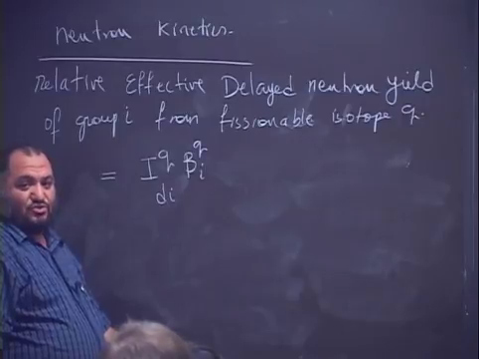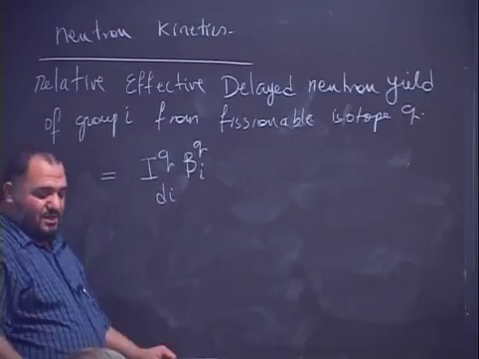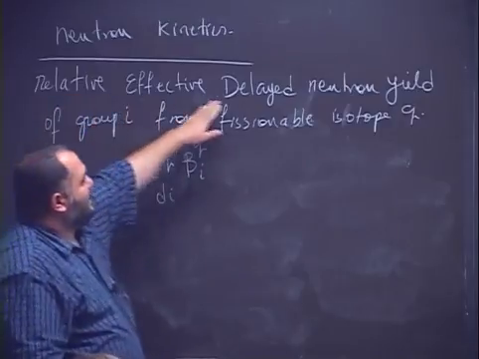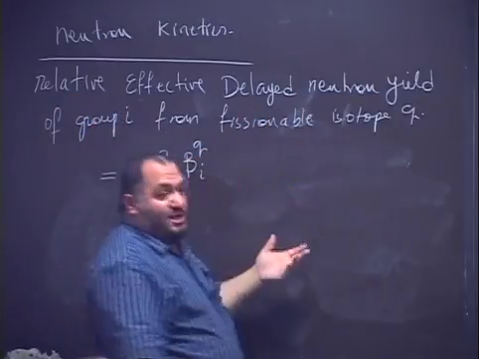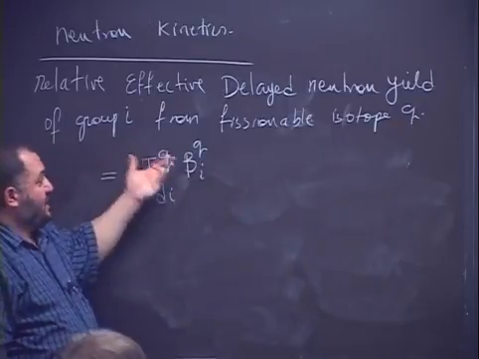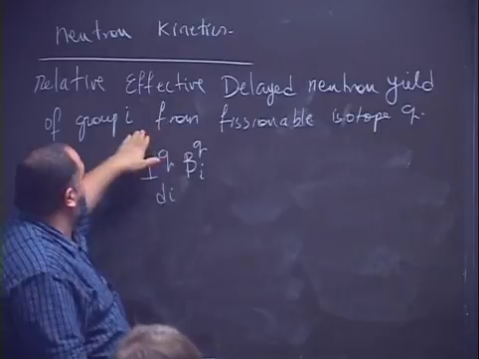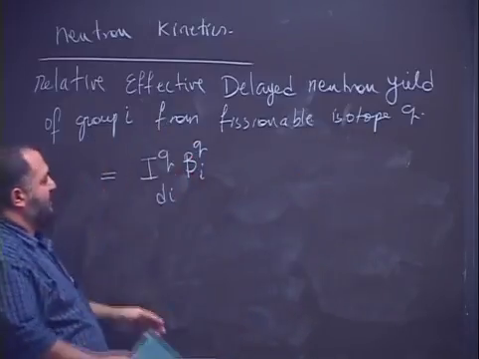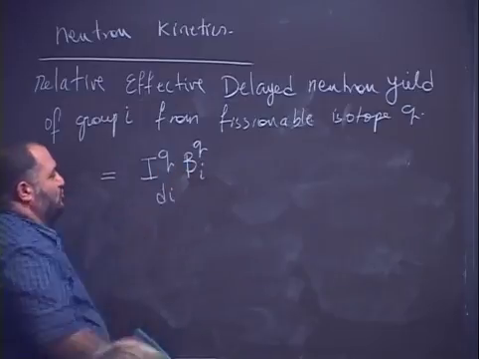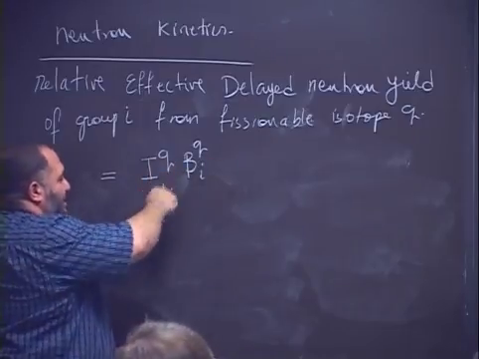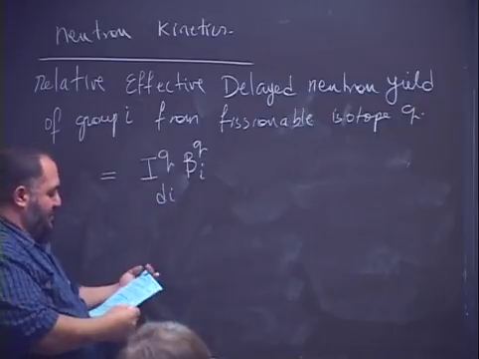The fraction of delayed neutrons in the group what? In the group i. So we define the relative effective delayed neutron yield. So now this is the relative effective delayed neutron yield in the group i from fissionable isotope Q. We define it as beta_i from isotope Q multiplied by this importance I_Q,D_i.